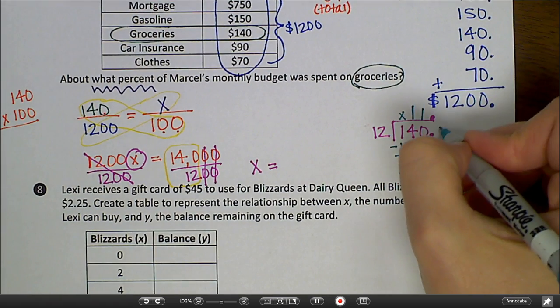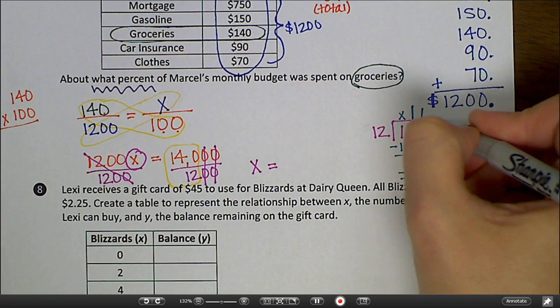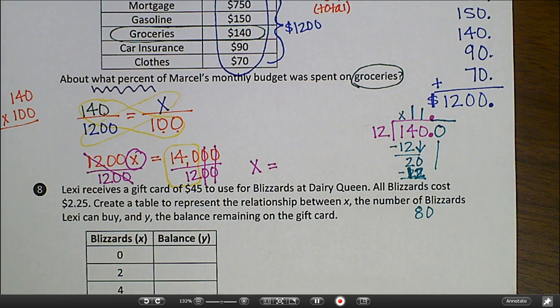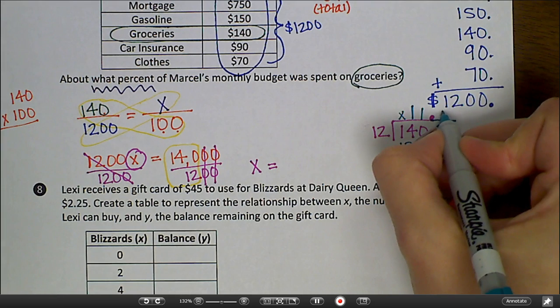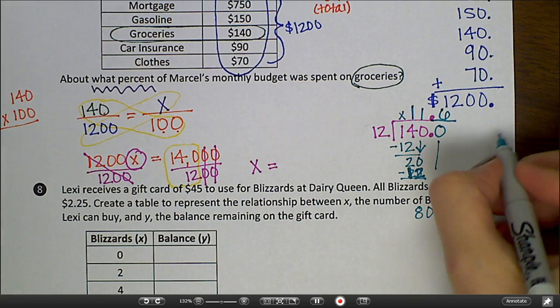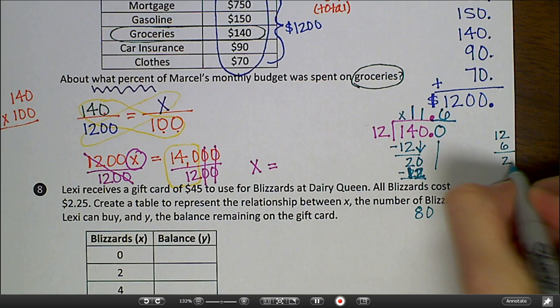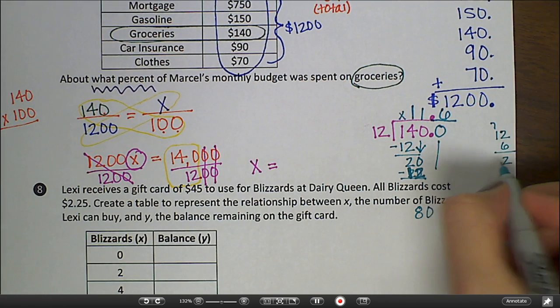So now we need to add another 0 after the decimal point. That's why it's really important that we already have it there. Bring that down to 80. 12 goes into 80 6 times. And if we don't know that, we can add them up. 6 times 12.